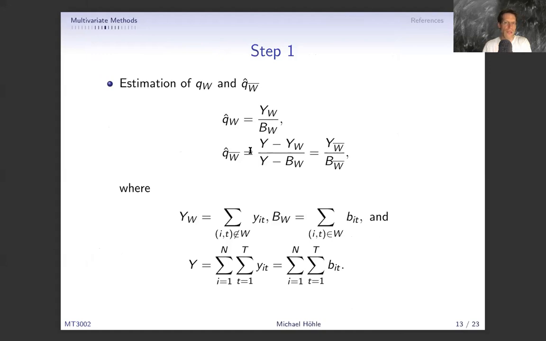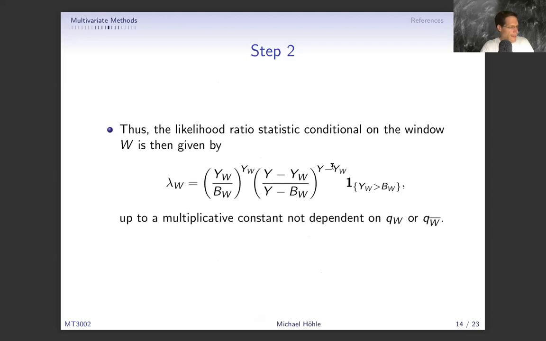It's very simple, that it's y_W-bar divided by b_W-bar for the estimate of the outside the space-time cluster part, right? And if you do this, then you can say, now I'm going to contrast the null hypothesis and alternative hypothesis that I just wrote up. And so how will this look?